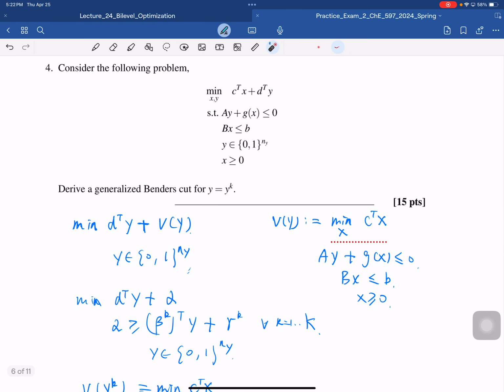Even if, let's say, you have a linear term ay, what does the outer approximation cut look like? That would look like a yk times the gradient, which is a itself, that would be y minus yk. That would just be the linear function itself. When you outer approximate a linear function, it's just a linear function.